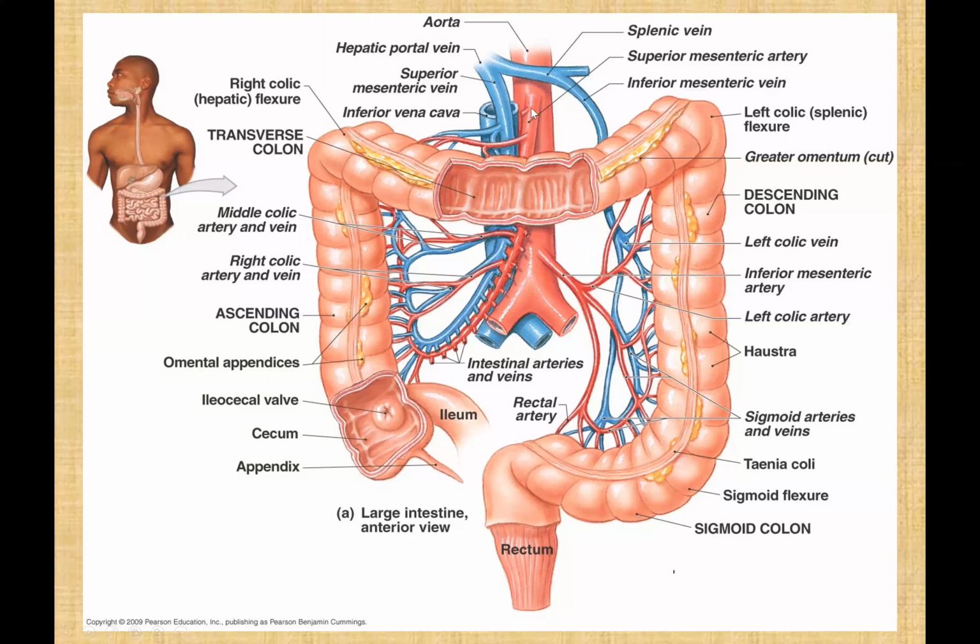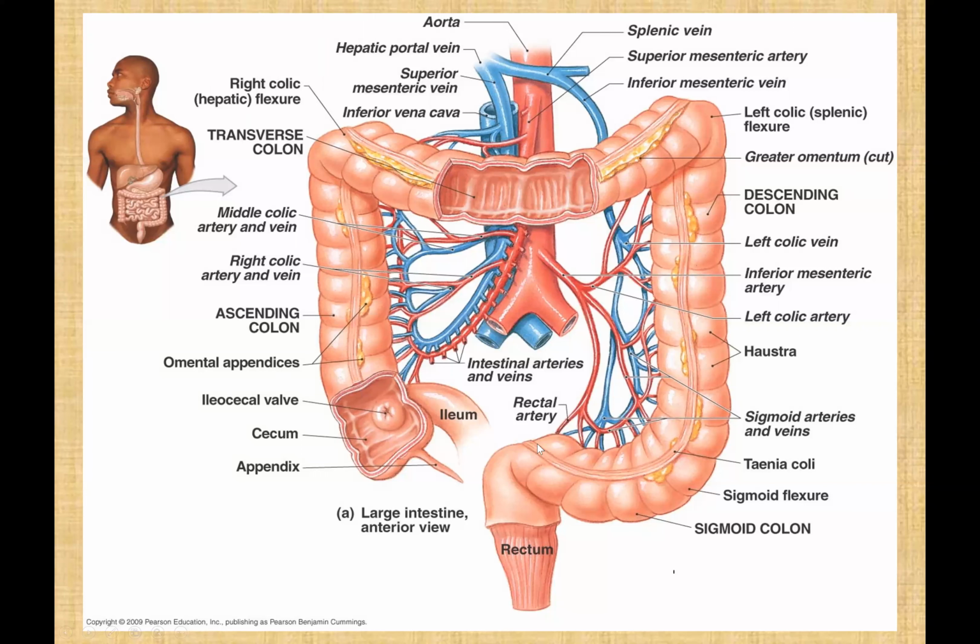So from the aorta, we can see the inferior mesenteric artery branching into the left colic artery. And then this left colic artery will eventually branch, taking its name from wherever it goes.